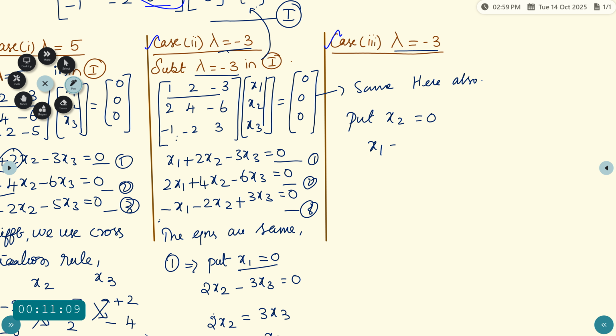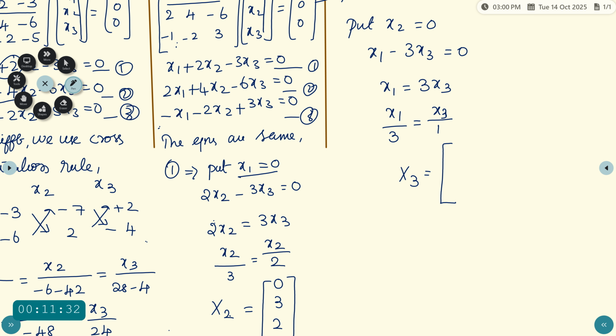Therefore, x1 minus 3x3 equal to 0, so x1 equal to 3x3. X1 divided by 3 and x3 divided by 1. Therefore, capital X3, that is the third eigenvector: x1 is 3, x2 is 0 and x3 is 1. This is the third eigenvector.